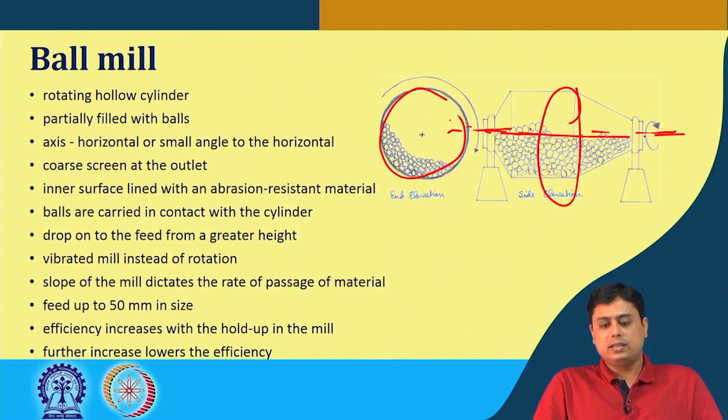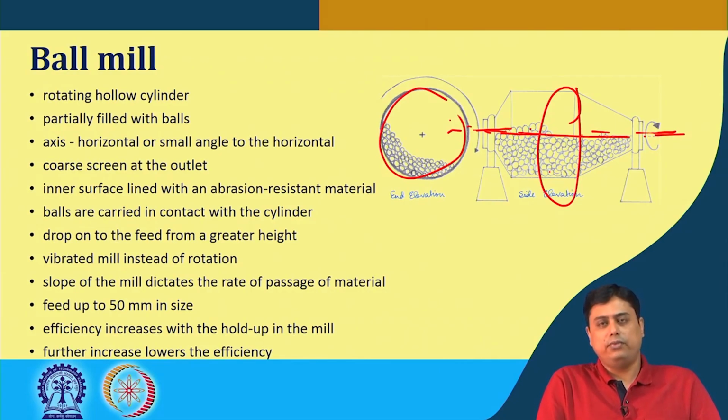Now, this ball mill can handle feed up to a size of about 50 millimeter, and it works efficiently when the hold up of this mill is increased.